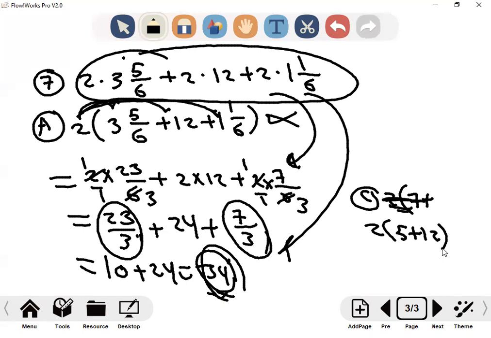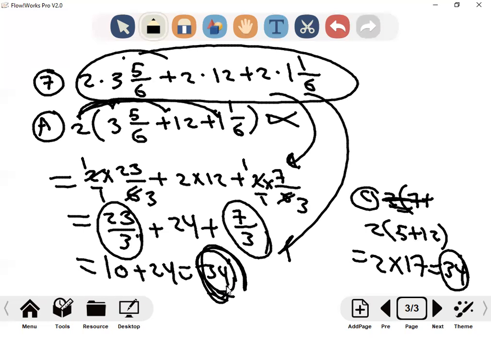This is an expression, right? What's the answer of this expression? This is 2 multiply 5 plus 12, 17. How much? They have what? So they are equivalent. Even though they have different numbers, it's okay.